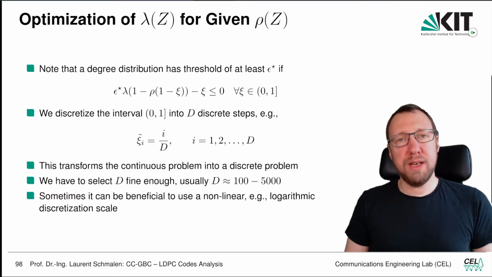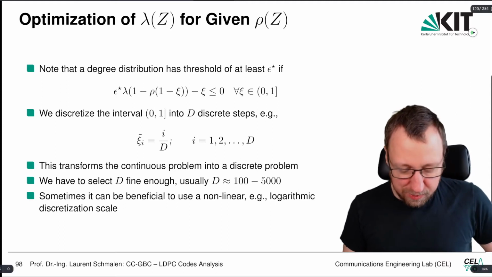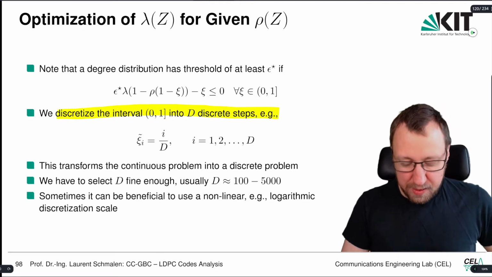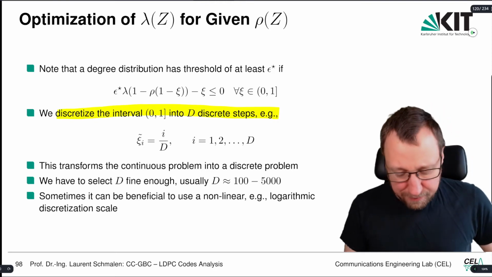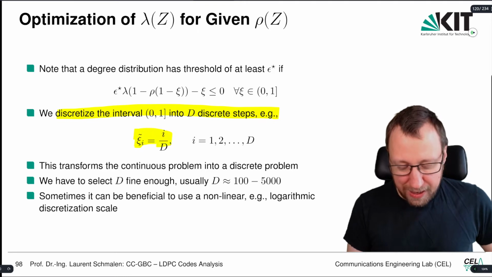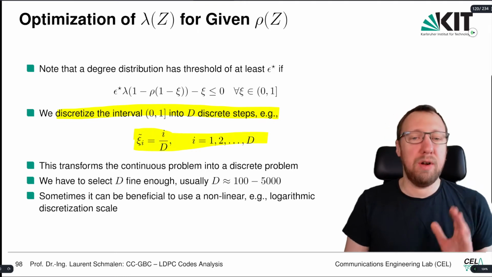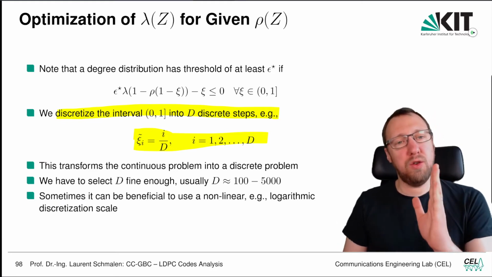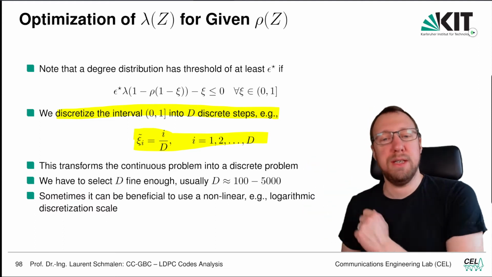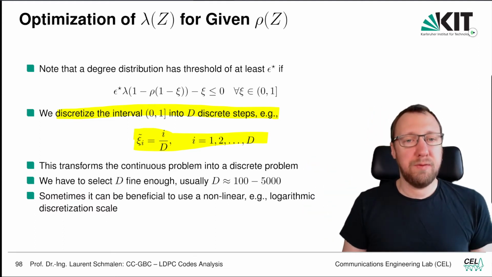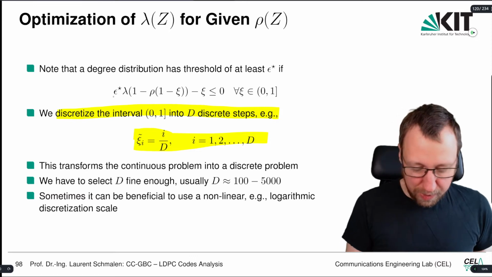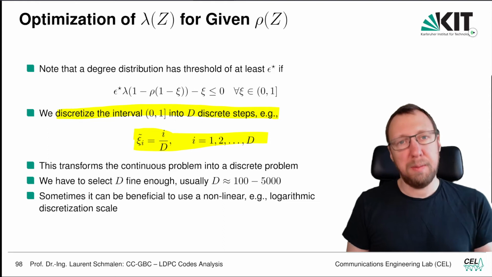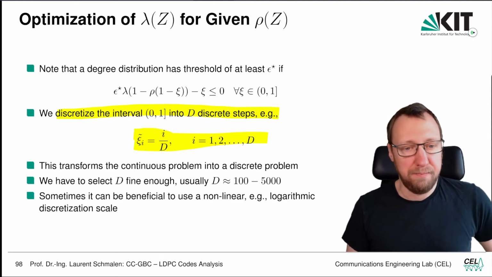So what we do is we discretize xi with D steps. So we set xi tilde i equal to i divided by D, and we let i run from 1 to capital D. So we go from 1 over D, 2 over D, 3 over D, up to 1, which is D over D. So we can transform this fixed point evaluation from a continuous problem into a discrete problem.